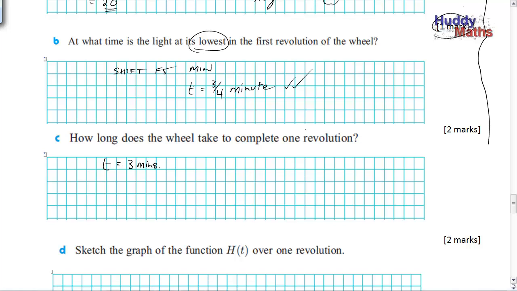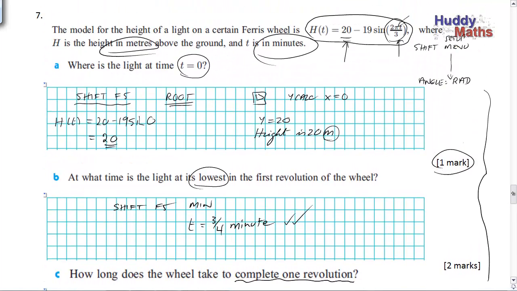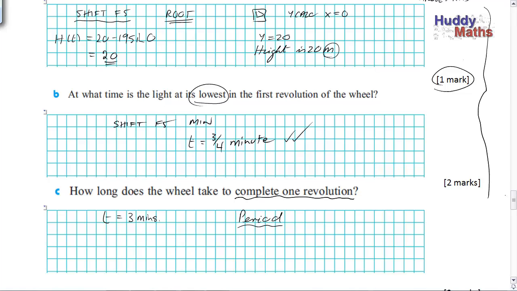Now, to complete 1 revolution, that's code for the period, isn't it? The period of the function. Okay, so where's our function up here? What is it? 2 pi on 3 times t. And the period is 2 pi over b, isn't it?